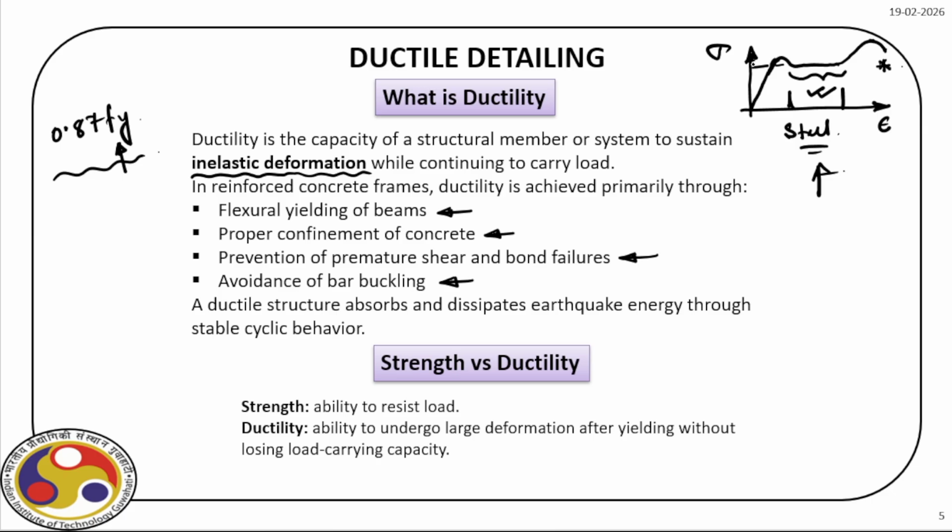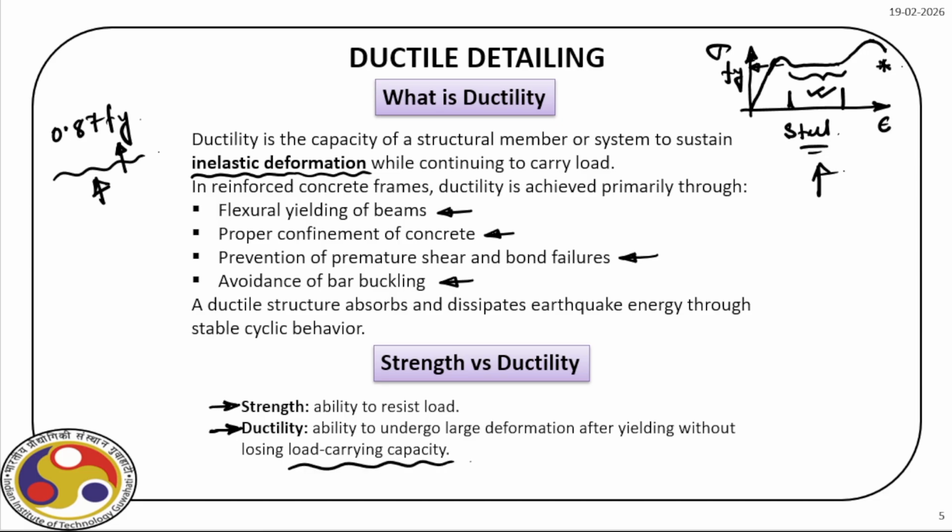Yielding is somewhere here, we call it Fy, and then we use this expression to design the structure and use the design strength. So there is a distinction between strength, which is the ability to resist load, while ductility is the excessive deformation that a material undergoes without significant change in load carrying capacity, right?